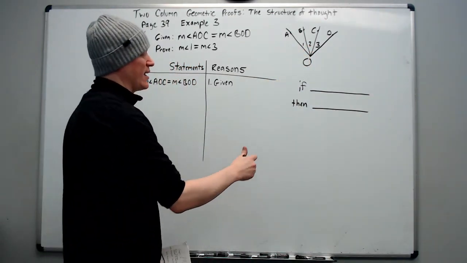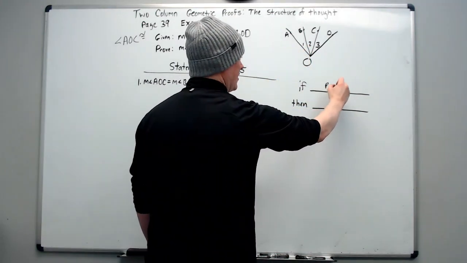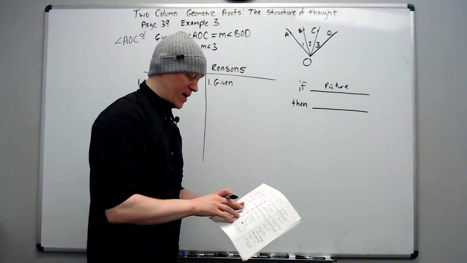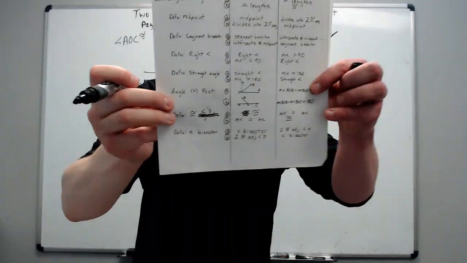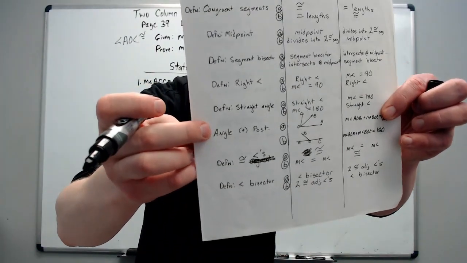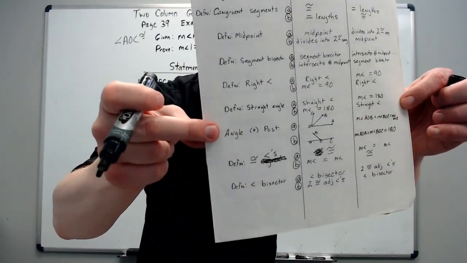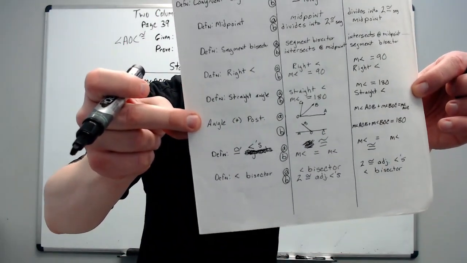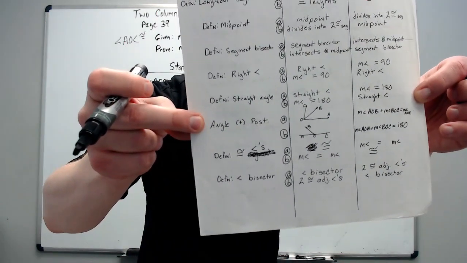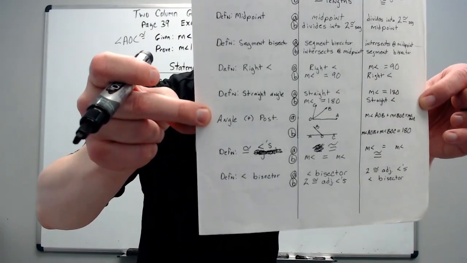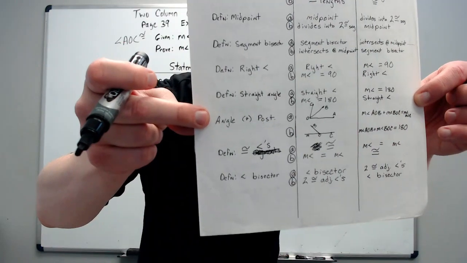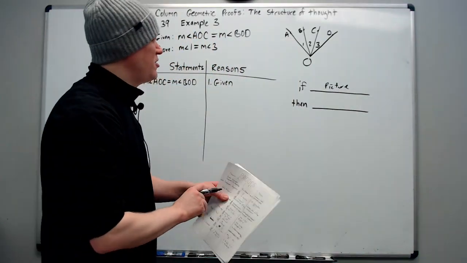So we should think, if the picture is true, then what can I say? I can say, based on angle addition postulate, if you look here where my finger is, that if point B is on the interior of angle AOC, then the measure of AOB plus BOC equals AOC. Okay, so we can do that here.